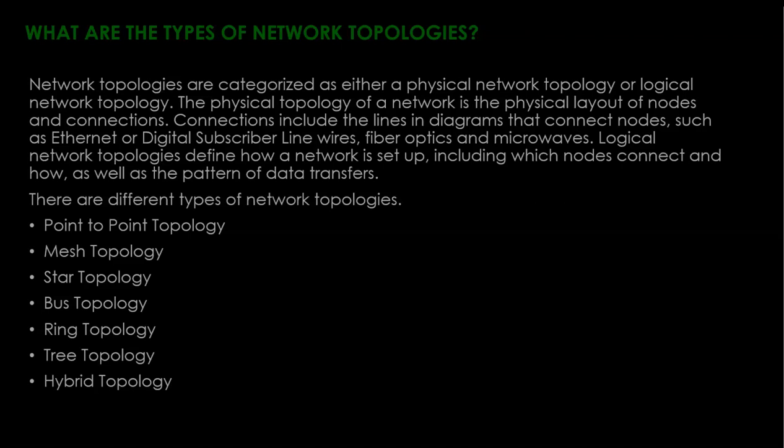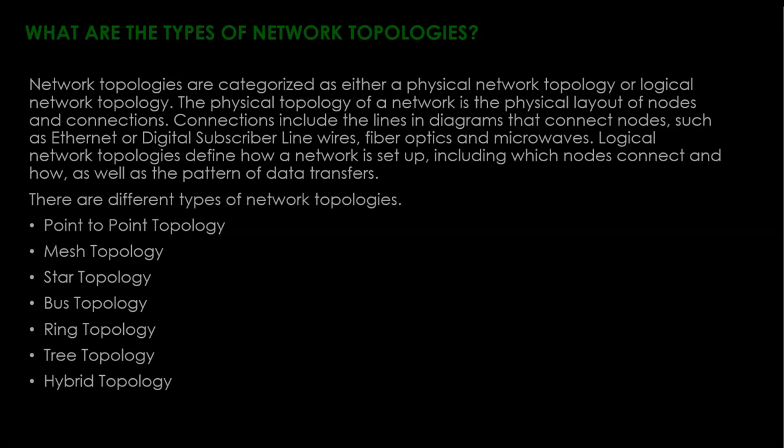Connections include the lines in diagrams that connect nodes, such as Ethernet or digital subscriber line wires, fiber optics, and microwaves. Logical network topologies define how a network is set up, including which nodes connect and how, as well as the pattern of data transfers.